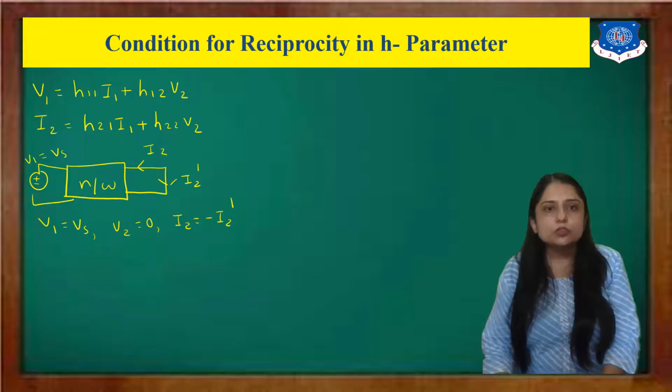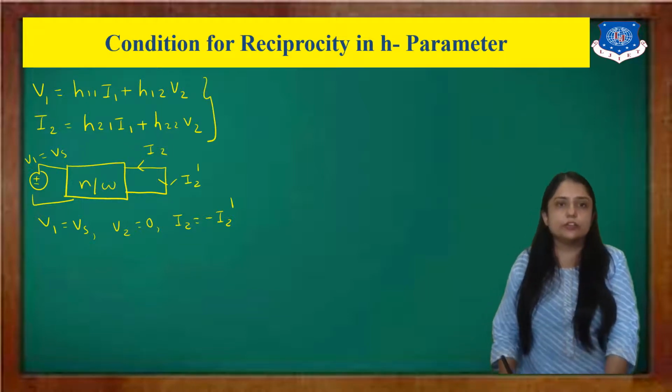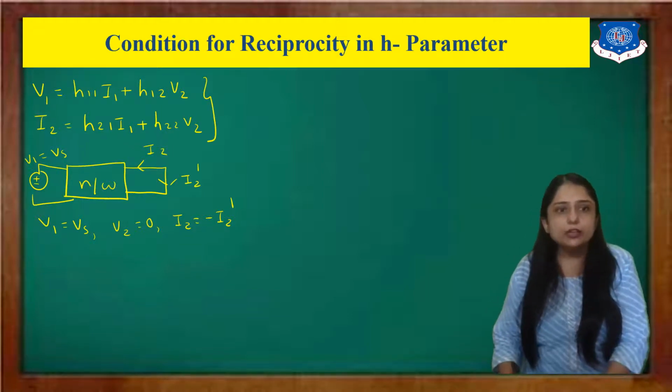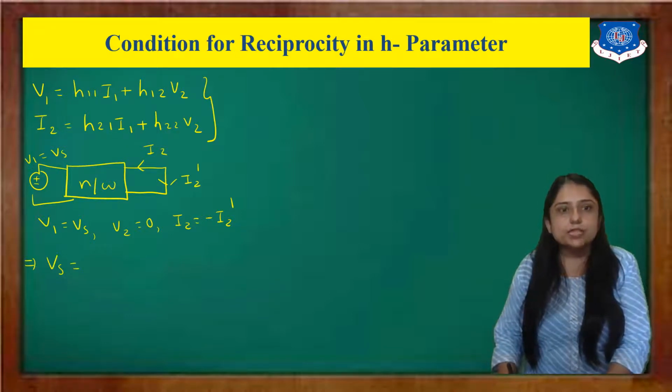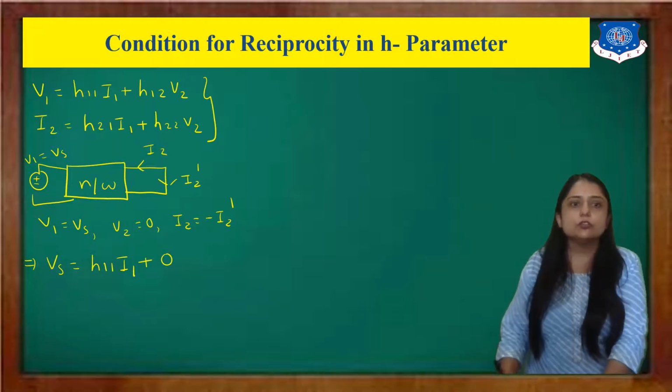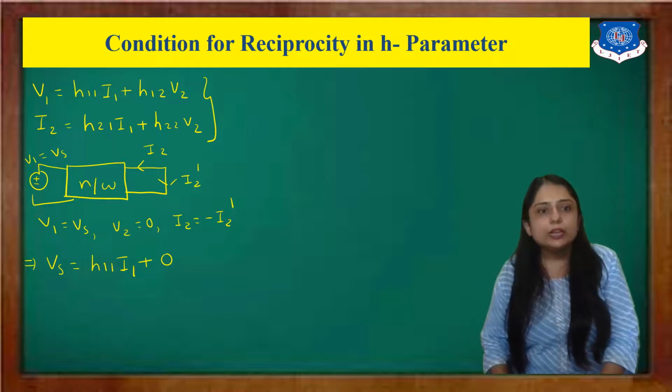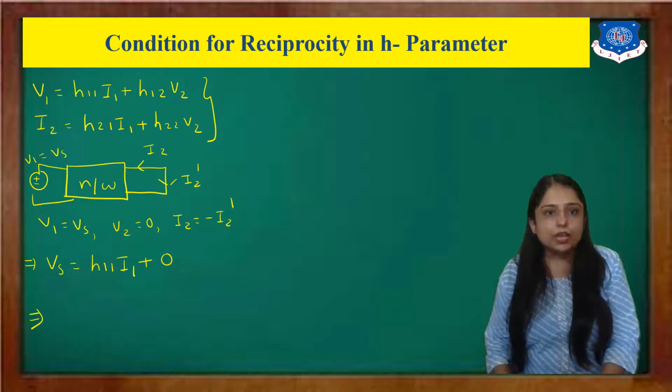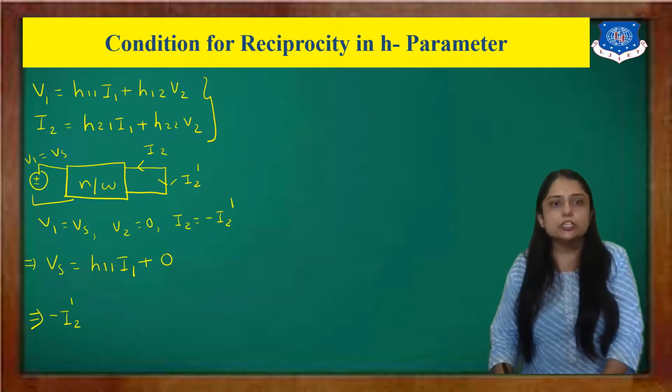Now you just substitute all the values in these two equations. So what we get? Here it's Vs equals H11 I1 as it is. And in place of V2, what I have to substitute? That is 0. And now in the second equation, in place of I2, what I need to substitute? That is minus I2 dash.